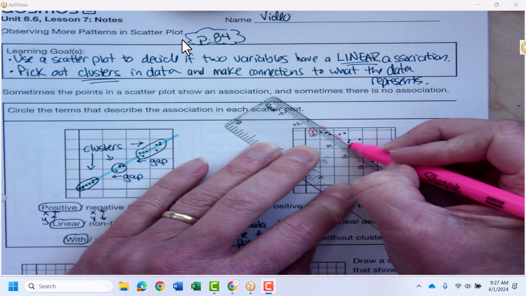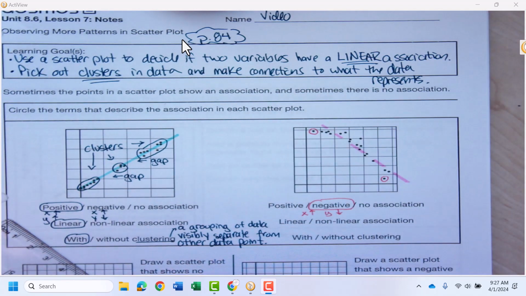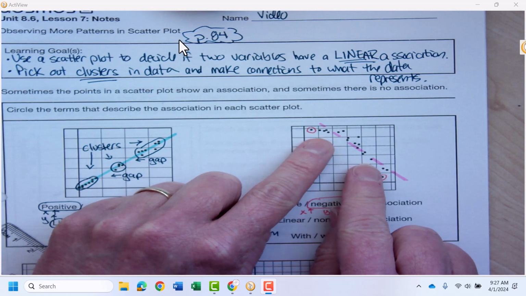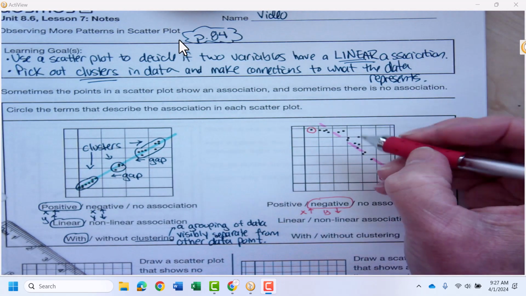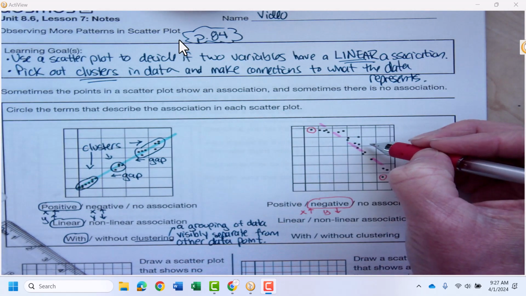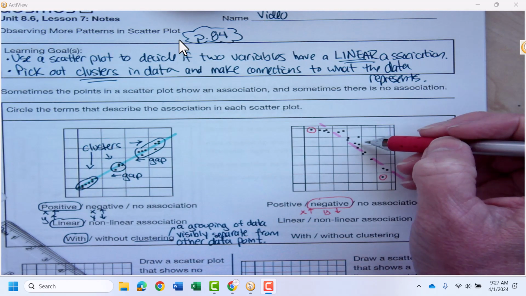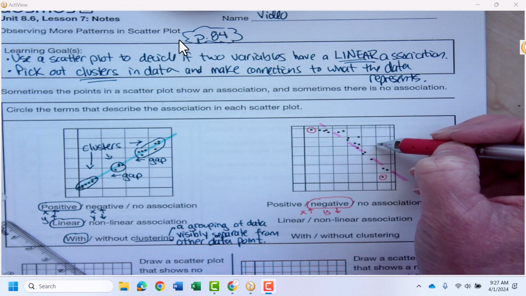I'm going to make this a dashed line because I want to make a point here. And the point that I want to make is that as I'm trying to get half of the data above and half of the data below, I can see that in the middle of the data, here's one end of the data, here's the other end of the data, in the middle of the data, it kind of sits just on one side.